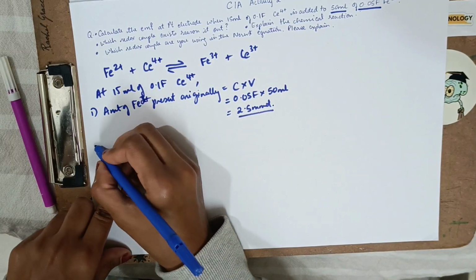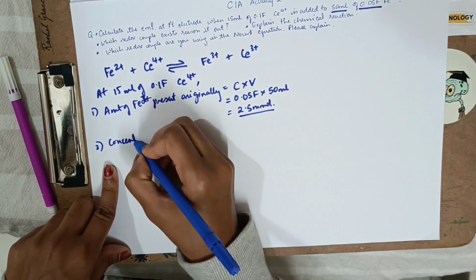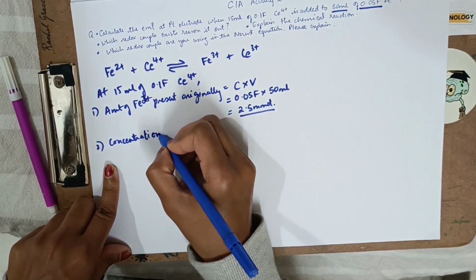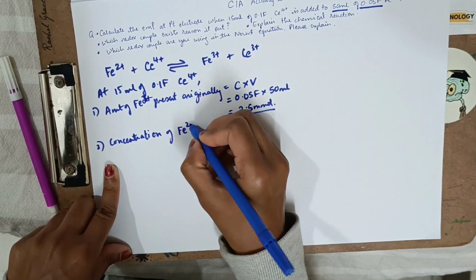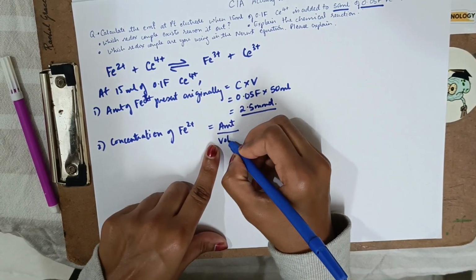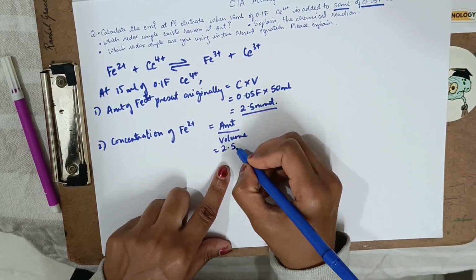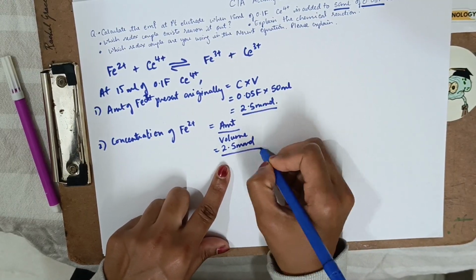From this we can calculate the concentration of Fe2+. The concentration of Fe2+ is equal to amount divided by volume. So the amount we have calculated, 2.5 millimole, divided by volume.